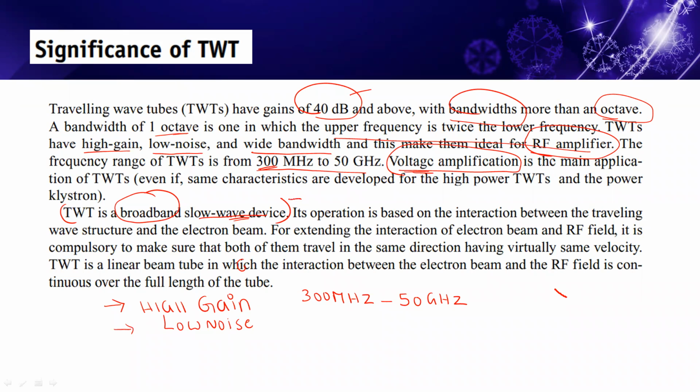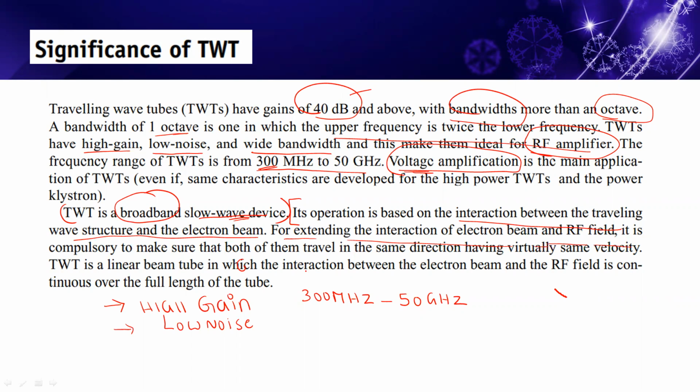So what is the significance? Another significance: the construction principle of the traveling wave tube is the interaction between the traveling wave structure and the electron beam. This is the main operation behind these traveling wave tubes. They are used for extending the interaction of the electron beam and the RF field, trying to make both travel in the same direction with the same velocity.